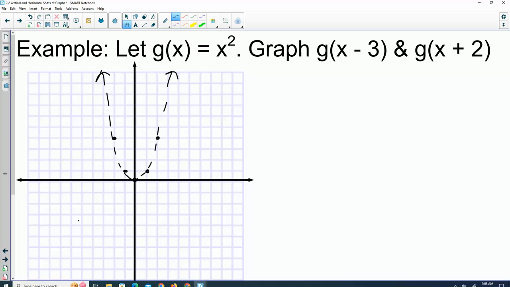Alright, then the first one, g of x minus 3. We know from function notation that just means we're replacing the x with x minus 3. So that's x minus 3 squared. So that's inside because it's in my parentheses. I told you inside changes x and it does the opposite of what it says. So if I am subtracting 3, it will move it which way?